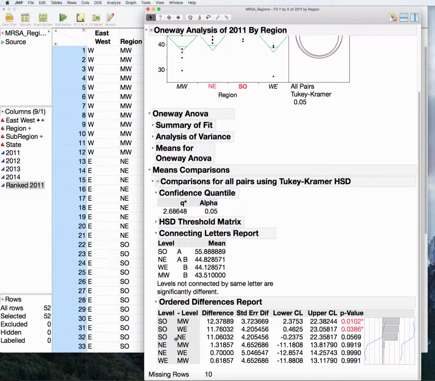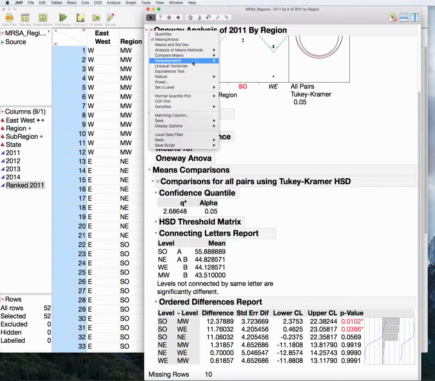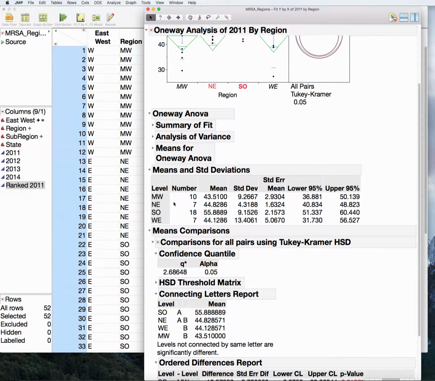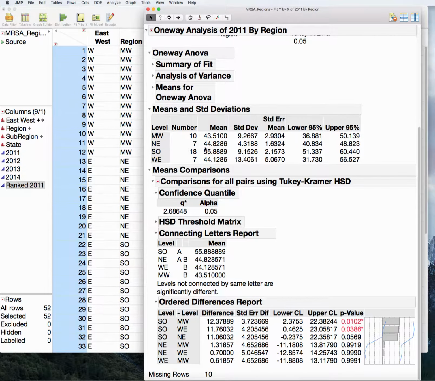South compared to Northeast has a slightly similar difference. However, the p-value is not statistically significant. There are a number of reasons that this could be the case. If we go ahead and look at our means and standard deviations, comparing South to the Northeast, there is more than double the sample size, whereas South to West has a slightly smaller mean difference.